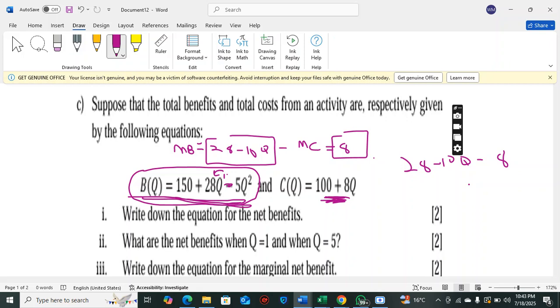The way I've done it, just like terms together. 28 and 8 are like terms, so you just subtract them. 28 minus 8, that is 20 minus 10Q.